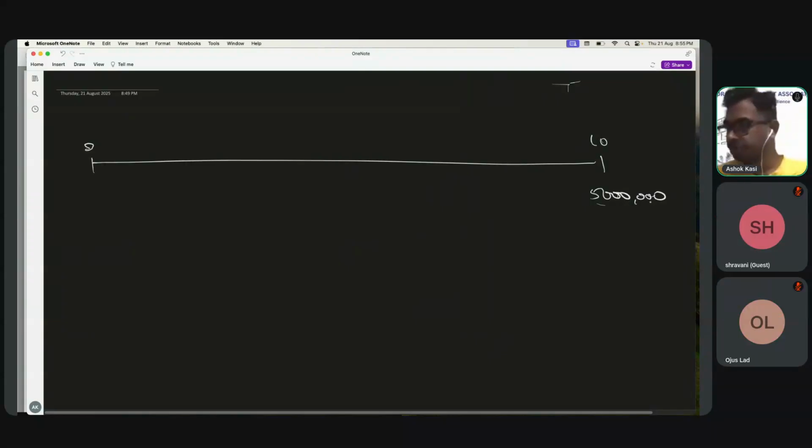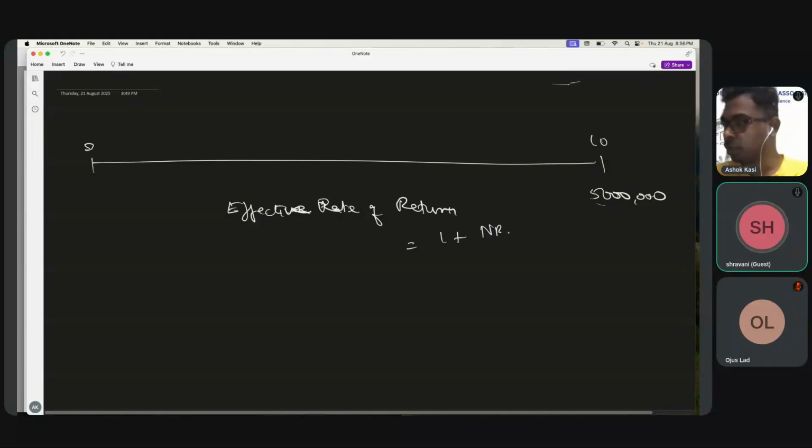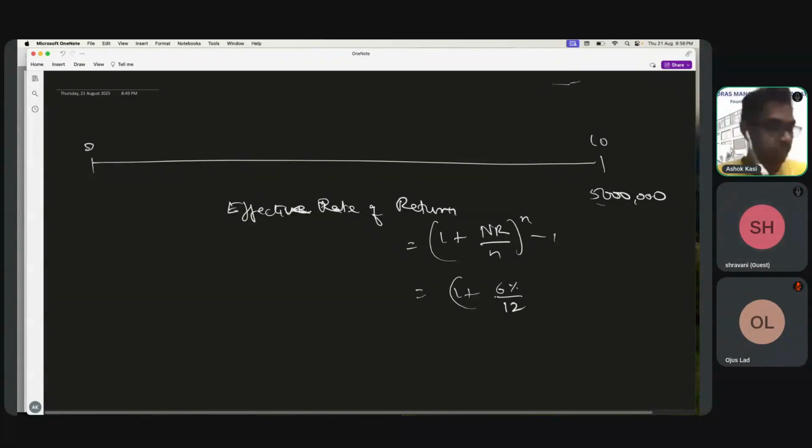Okay, fine. First of all, we'll calculate the effective rate of return. So what is the formula, you remember? Effective rate of return: 1 plus R upon n raised to n, nominal rate divided by n, raised to n, minus 1. So 1 plus 6% divided by what? n will be 12, right?